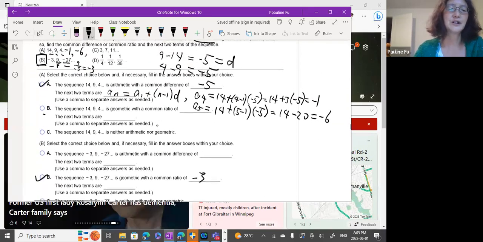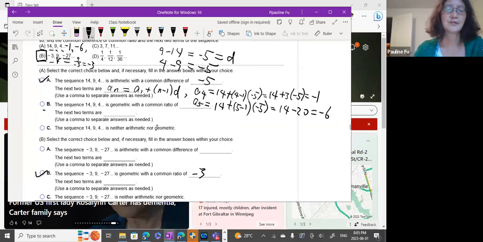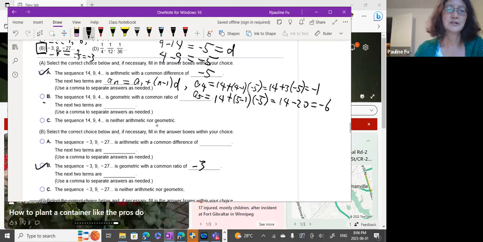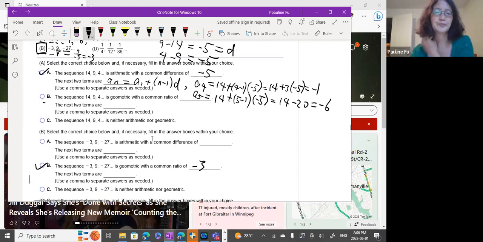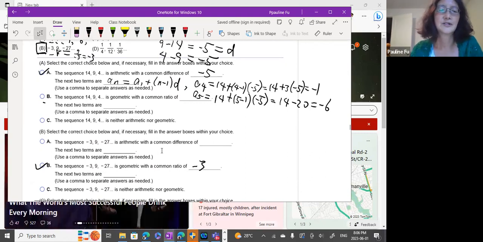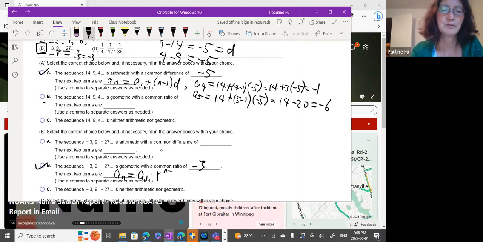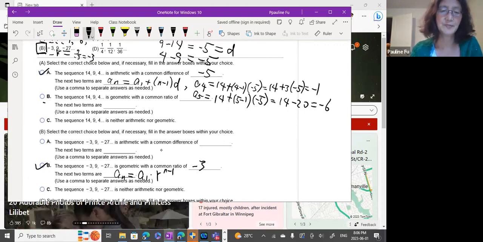So for the next two terms, we use the formula for the geometric sequence: a_n equals a_1 times r raised to the power n minus 1. That is the general formula.